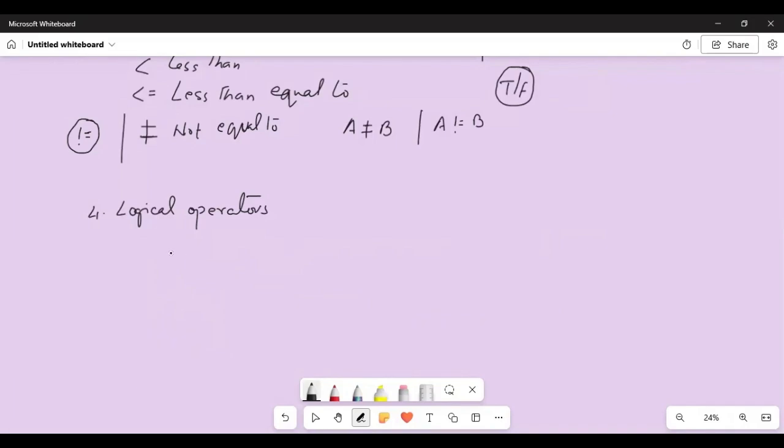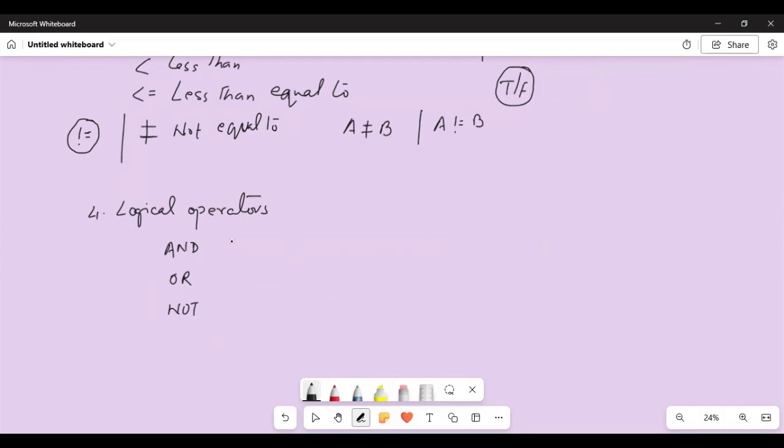The different logical operators you have: the first one is the AND operator, then you have the OR operator, and then you have the NOT operator. These are the three logical operators. Let us understand AND first.